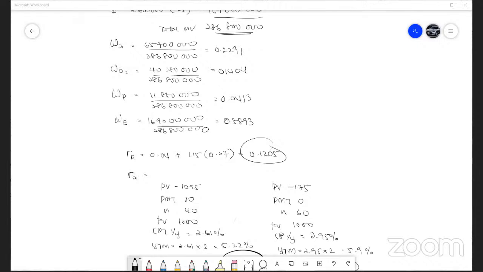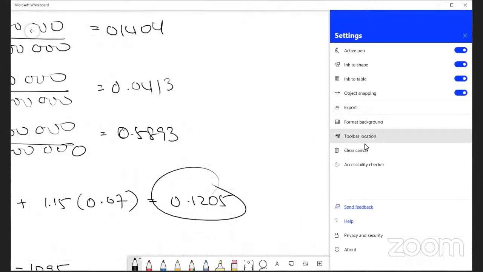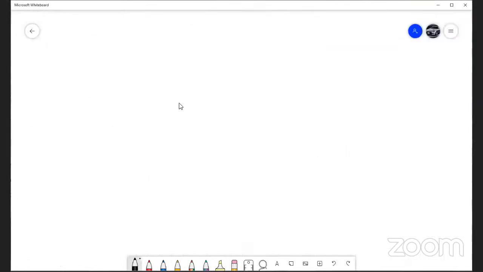Question 14, calculating flotation cost. Suppose your company needs 20 million to build an assembly line. Your target debt to equity ratio is 0.75.